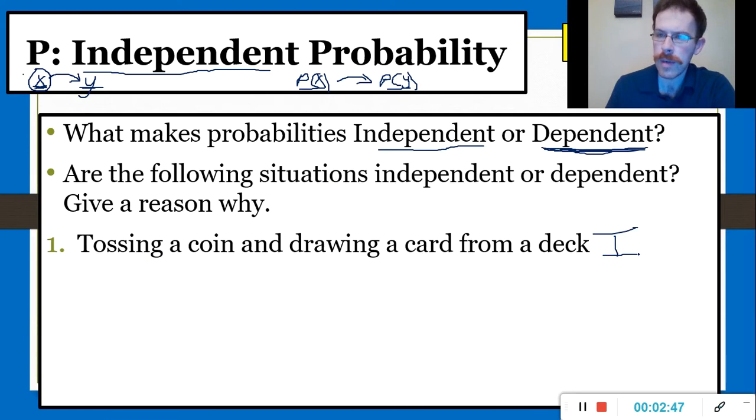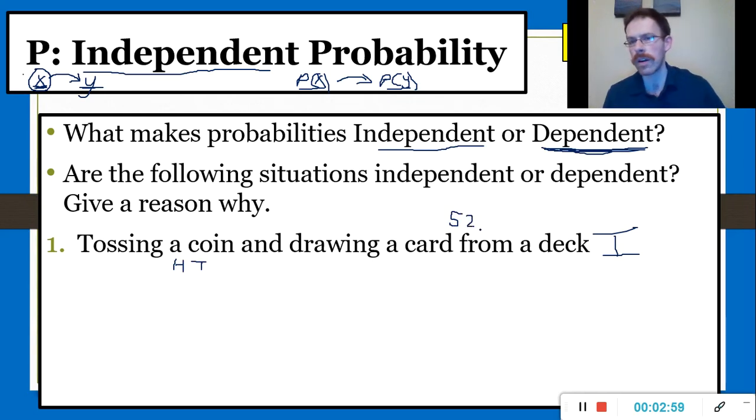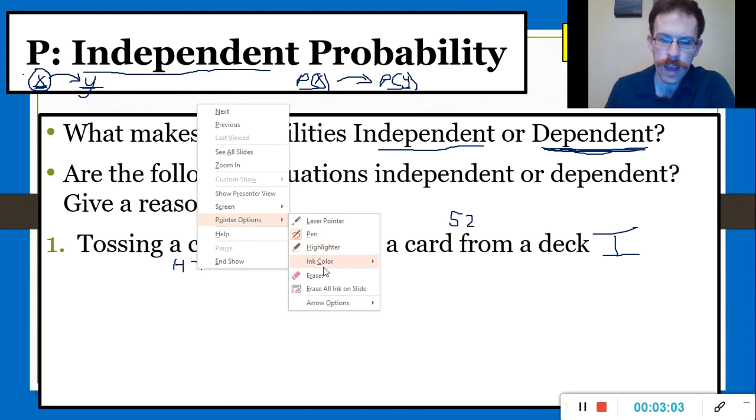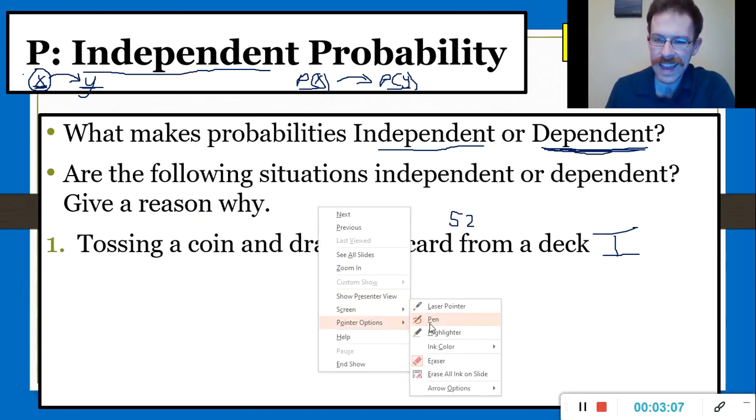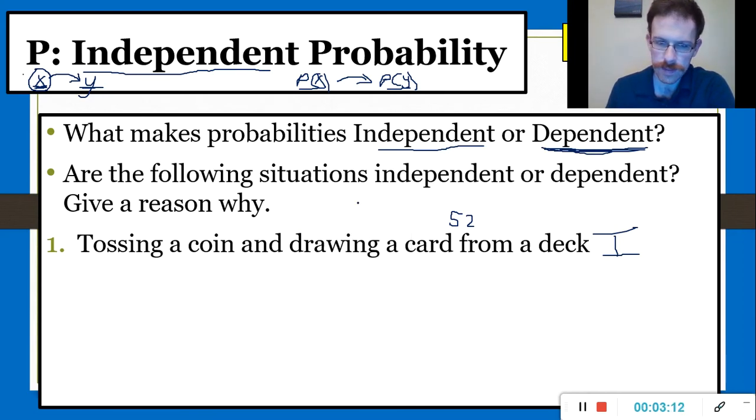Well, this is independent, because a coin can be heads or tails. If I'm drawing a card from a deck, there can be 52 cards in a normal deck of cards. The coin isn't going to affect whatever the card is going to be, and vice versa.